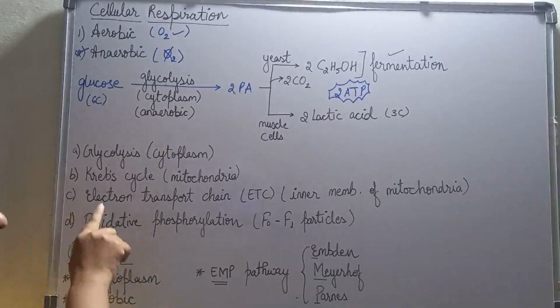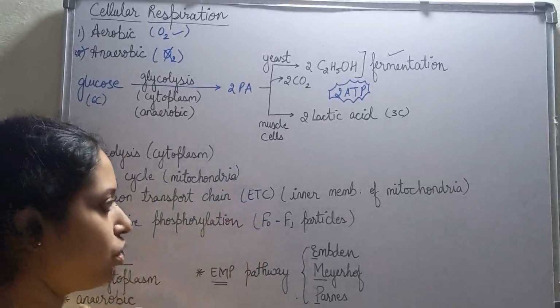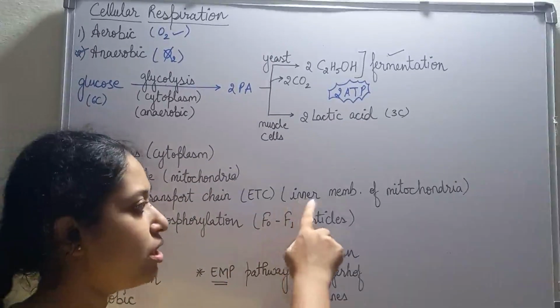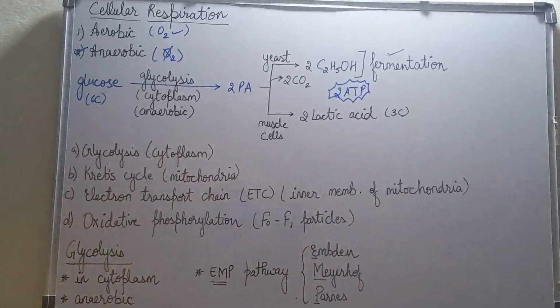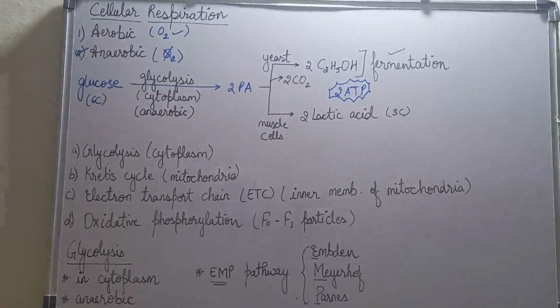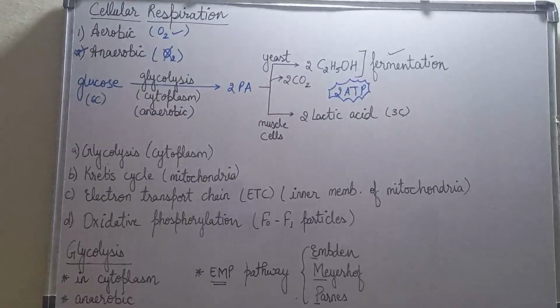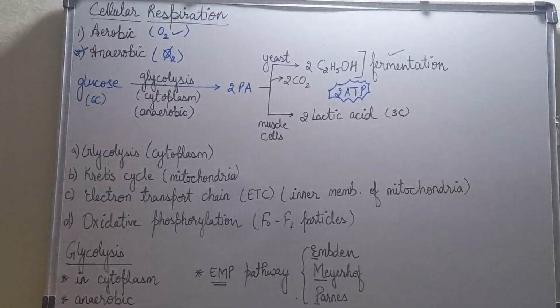Then the next step is the electron transport chain, in short also called ETC. It takes place in the inner membrane of mitochondria only. You know that mitochondria has two membranes, the outer membrane, which is very porous, and the inner membrane, which is highly folded.